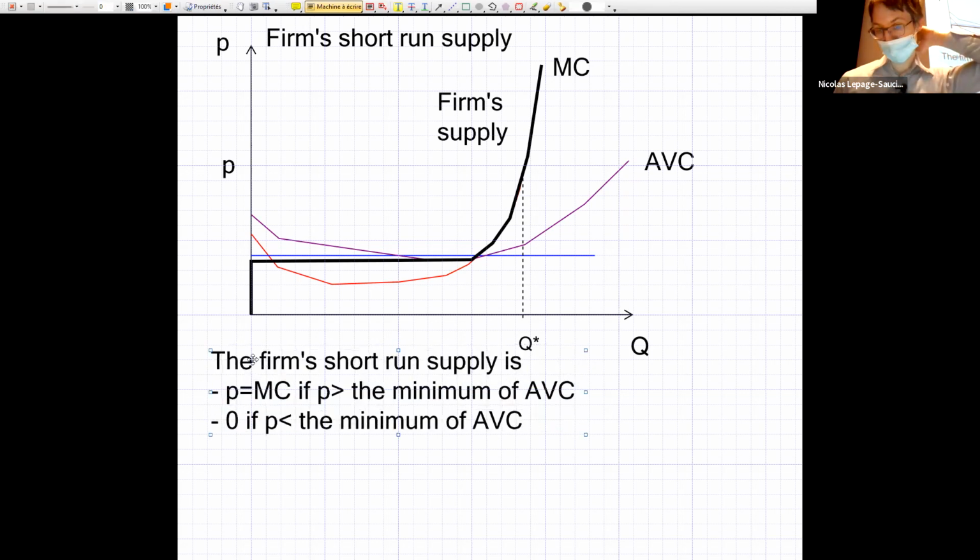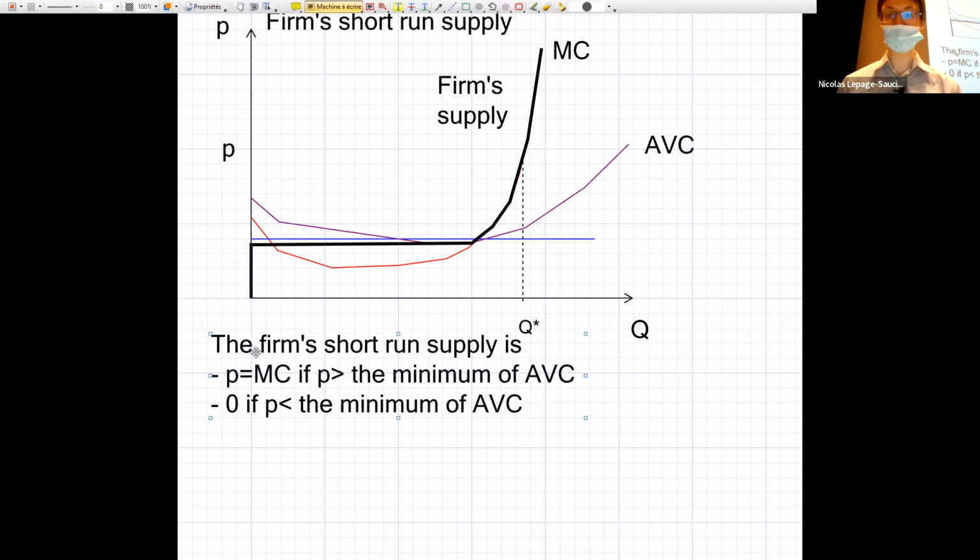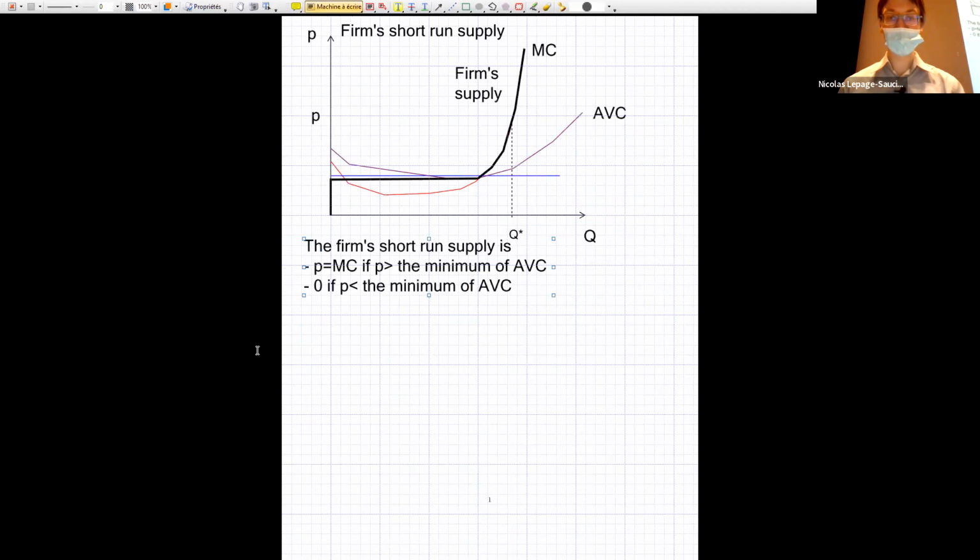That's the short run profit. So that's the short run supply, right?